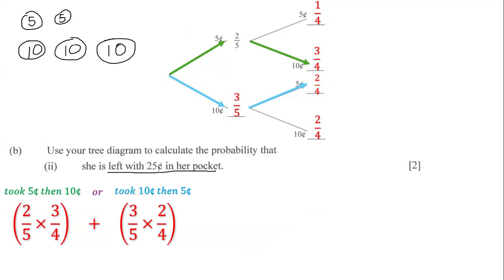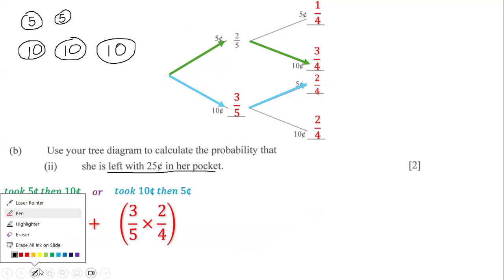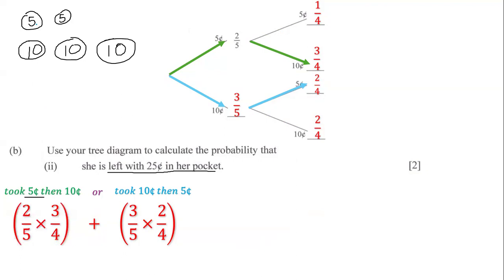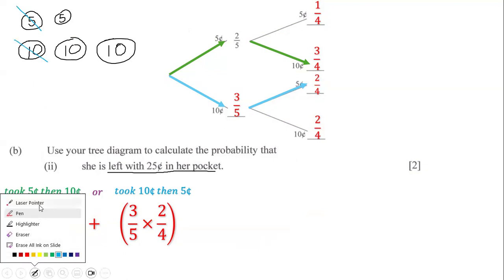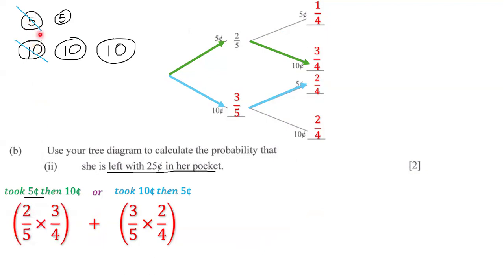Now there are 2 ways for her to be left with 25 cents in her pocket. The first way is that she can take 5 cents first, and then she takes 10 cents second. That means she would take out 15 cents altogether, and she would be left with 2 10 cents and 1 5 cents, which means she would be left with 25 cents.